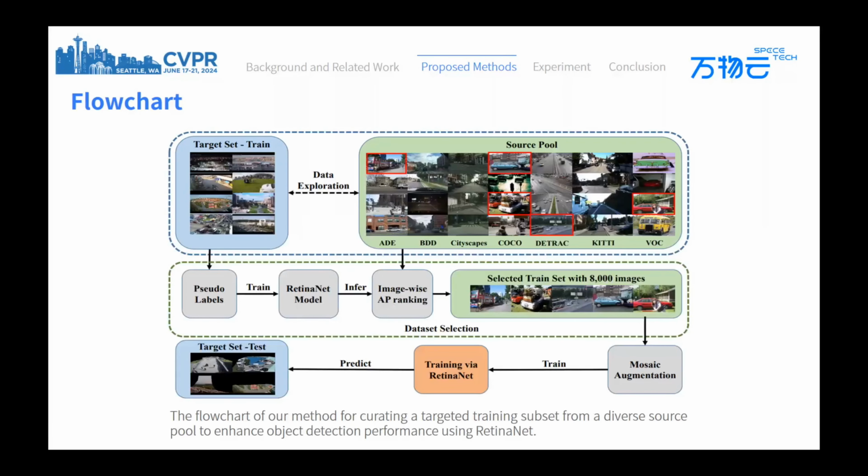This is the flowchart of our proposed method. As we can see, the test set, including the train and test datasets, are provided by this competition, Region 100. It consists of images from 100 cameras around the world, posing challenges to the participants.